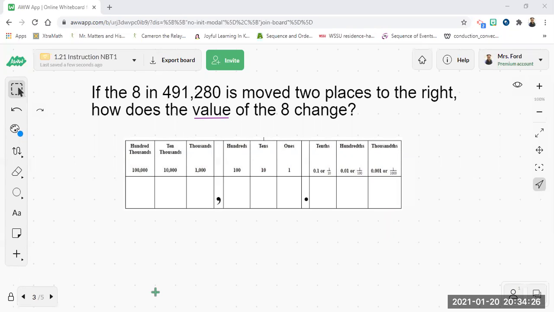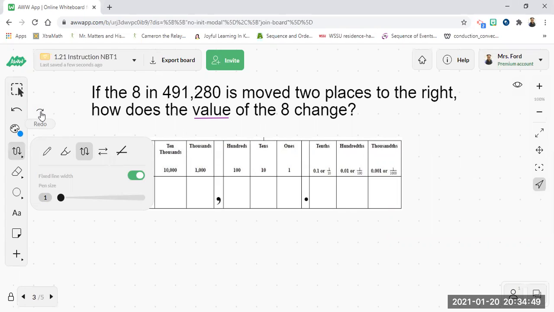Now the question says, if the 8 in 491,280 is moved 2 places to the right, how does the value of the 8 change? All right, so they gave us some words to focus on there: move 2 places to the right.